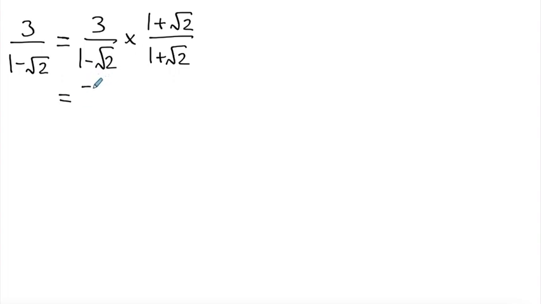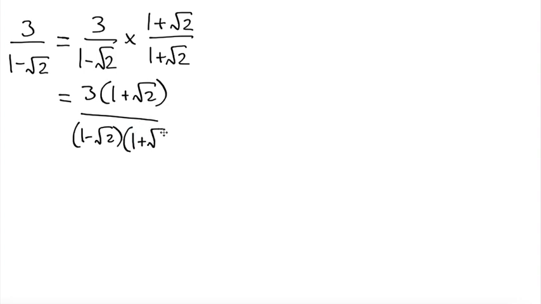This gives me 3 times 1 plus root 2 in the numerator, and 1 minus root 2 times 1 plus root 2 in the denominator. 3 times 1 is 3, and 3 times root 2 is 3 root 2.